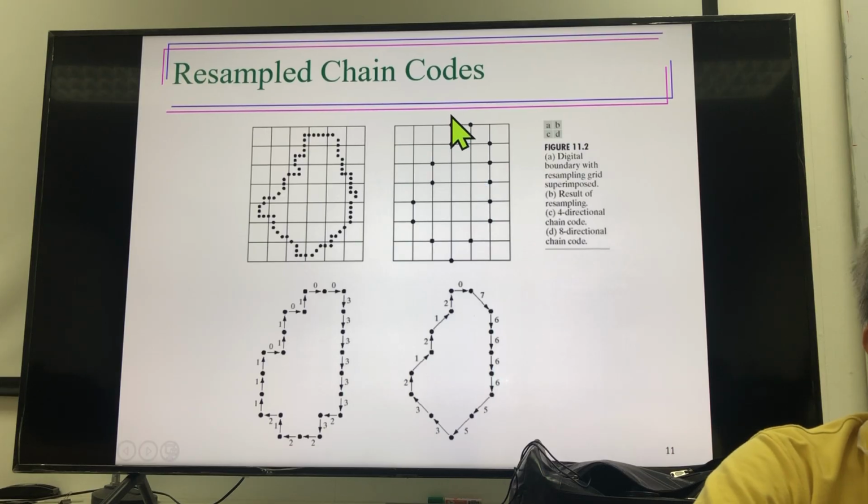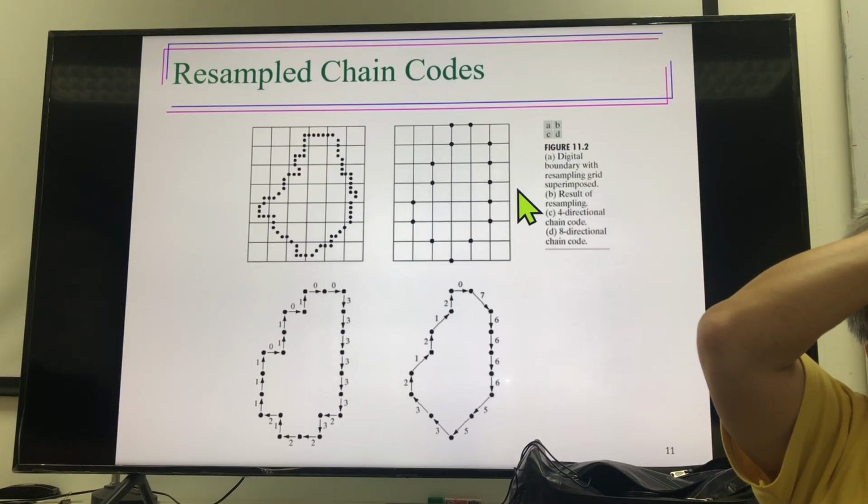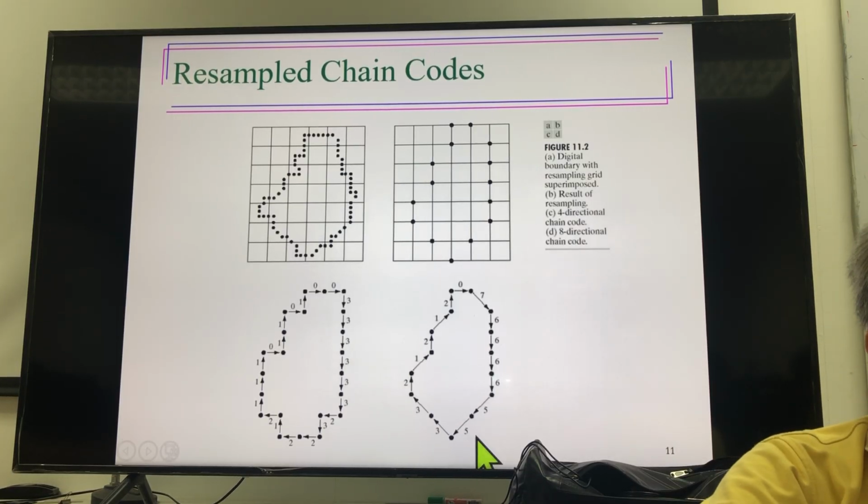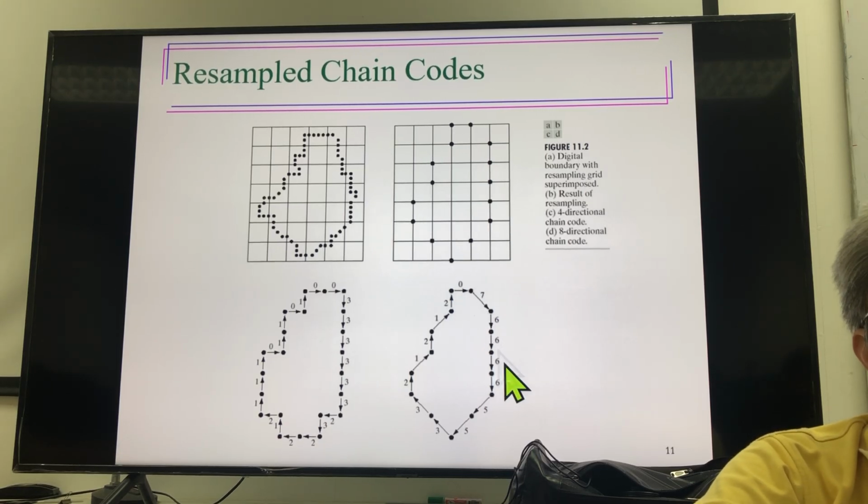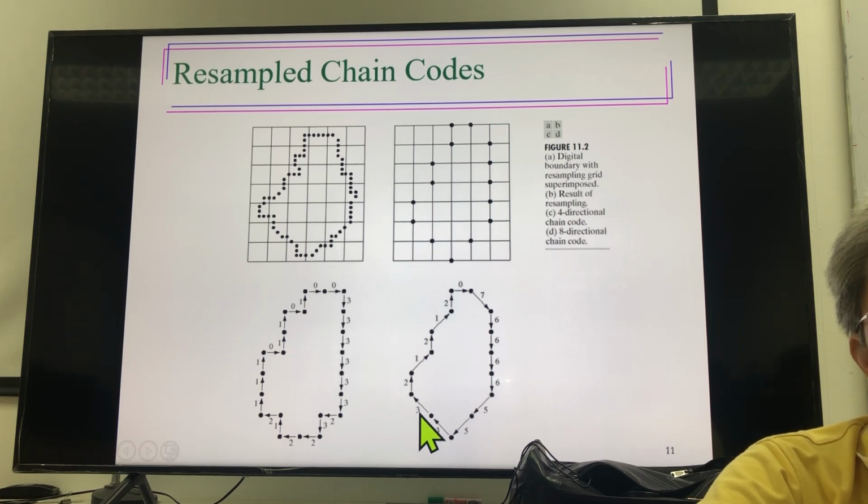So we draw like this instead. It can be 4 connected or 8 connected. If it's 8 connected, then this long chain code is reduced to just 0, 7, 6, 6, 6, 5, 5, 5, 5, 5, 3, 3, 2, 1, 2, 1, 2. A shorter chain code.